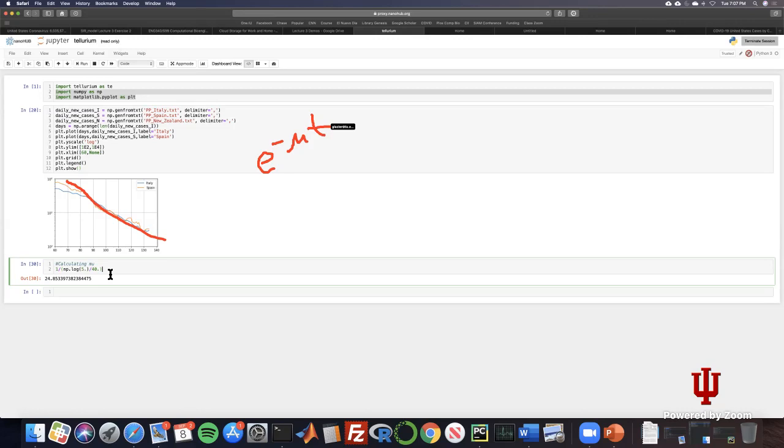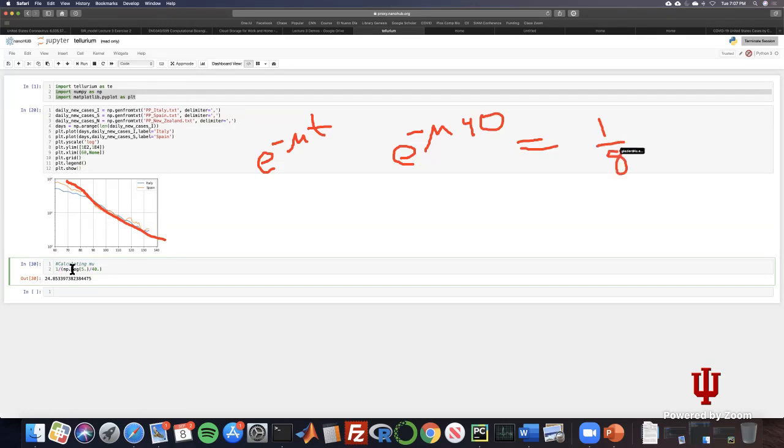If the number of infections went down by a factor of 8 over this period of time, then e to the minus mu times 40 days equals 1/8.